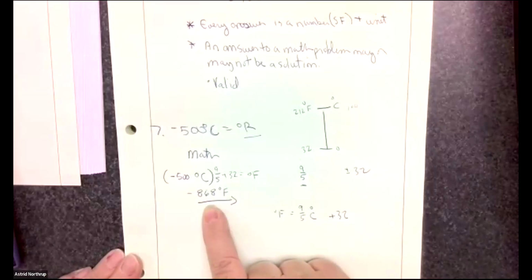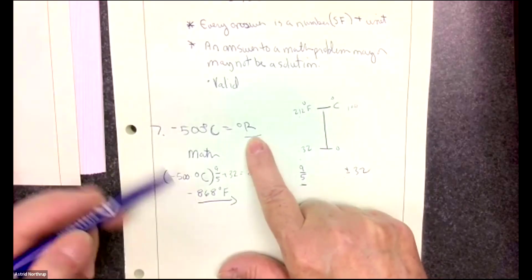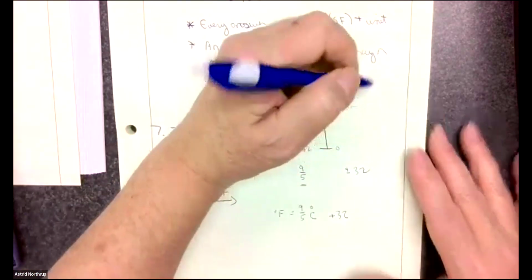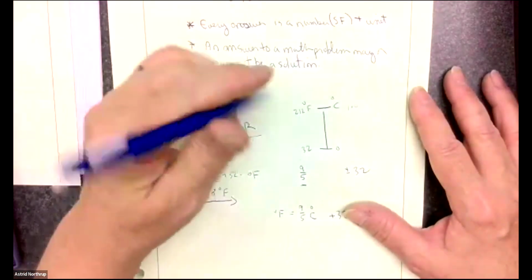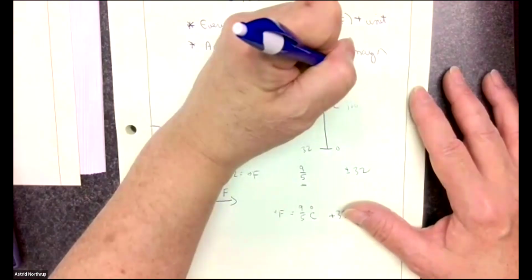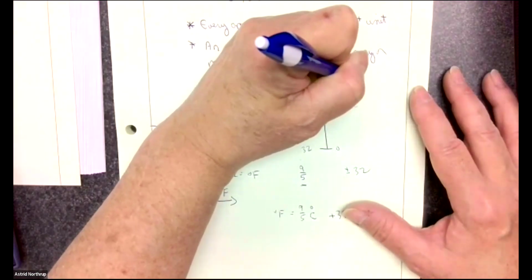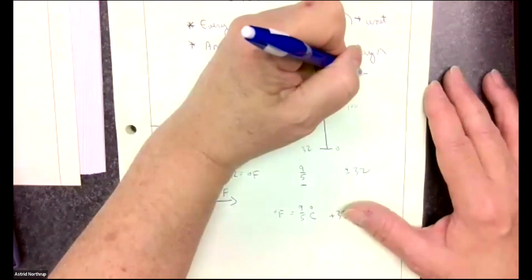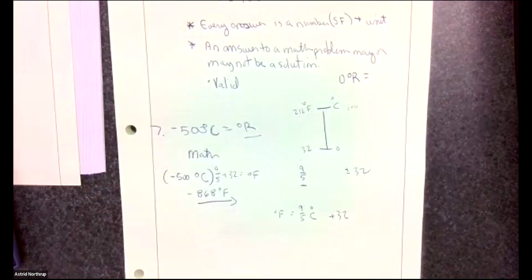All right, so there we go. So anyway, we have a number as negative 868 degrees Fahrenheit. The next thing that we want to do is convert Fahrenheit to Rankine. Well, what do we know about Fahrenheit to Rankine? We know that 0 degrees Rankine, which is absolute zero, is 460 degrees Fahrenheit.